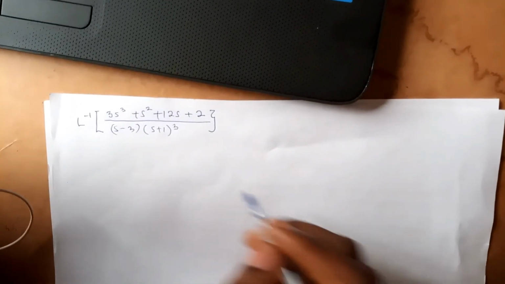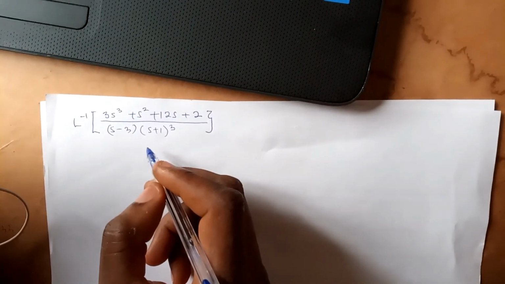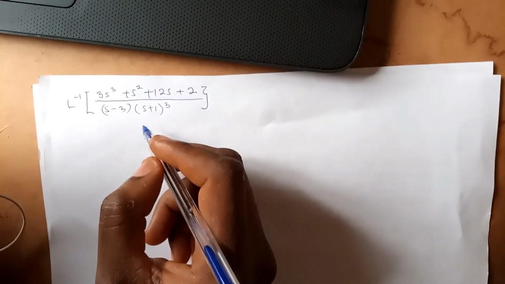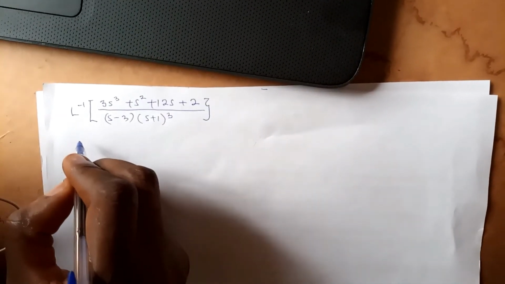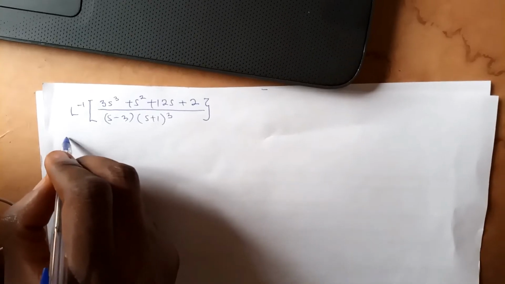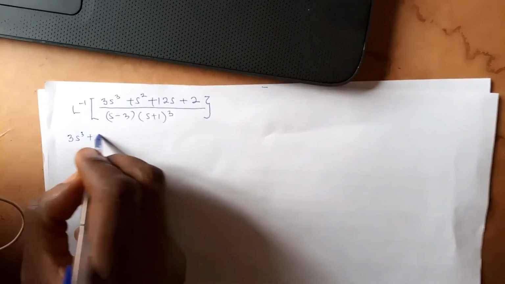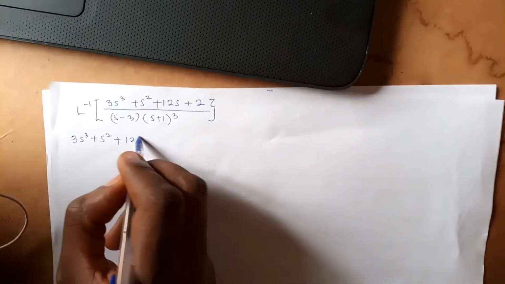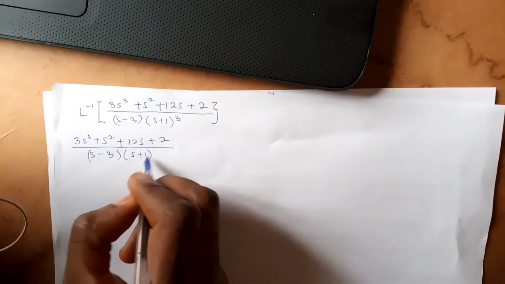Now look at this fraction. No matter how big it may be, we can actually write it in terms of small fractions. So this will give me 3x to the power 3 plus x squared plus 12x plus 2 divided by (x minus 3)(x plus 1) raised to power 3.